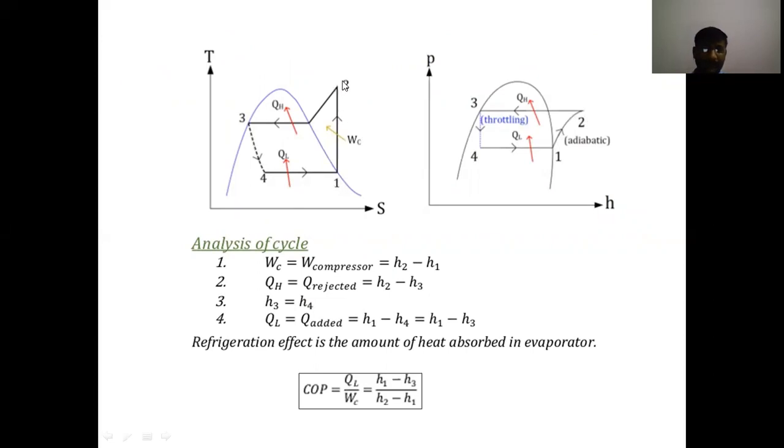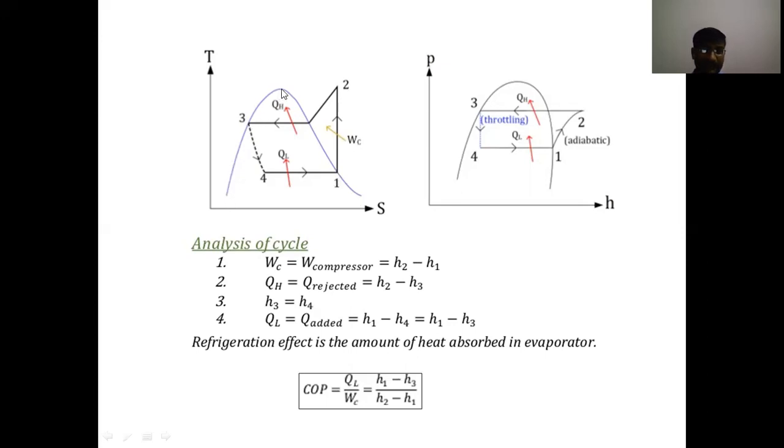After compressing, the refrigerant is in the superheated vapor form. In the TS diagram, this is the liquid line and this is the vapor line. You have already studied the TS diagram for the Rankine cycle. This is the dry saturated liquid line.